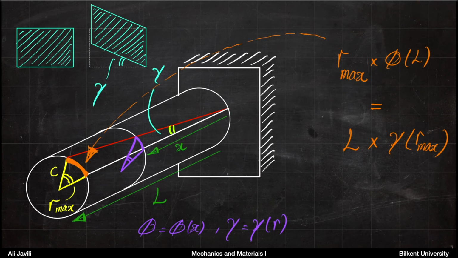So we look into this picture again, and if you pay attention to the arc at the cross section at the end, you can do it for any cross section, but let's just look at this particular cross section at the end.